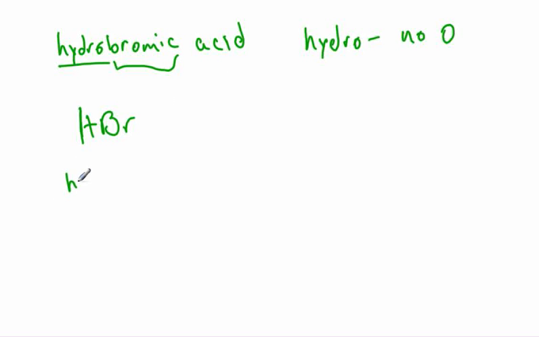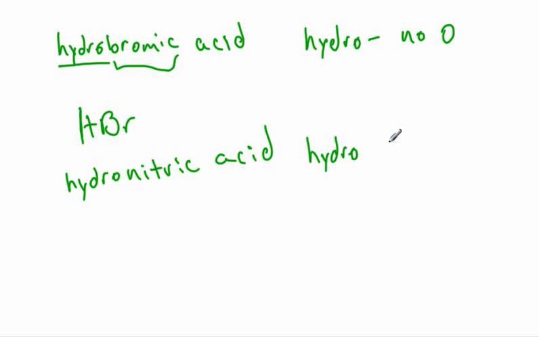Another one we could have is hydronitric acid. We have hydro in the name, so that means we have no oxygen in the anion. So it's not a polyatomic, it's just the single atom or single anion, nitride.